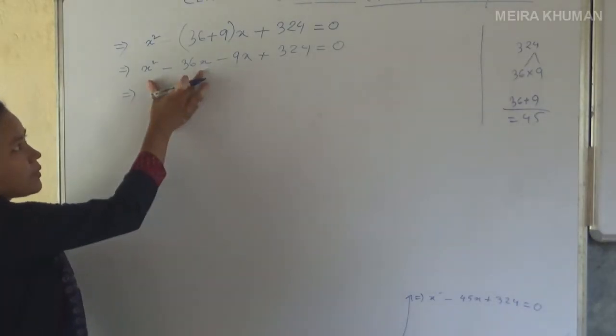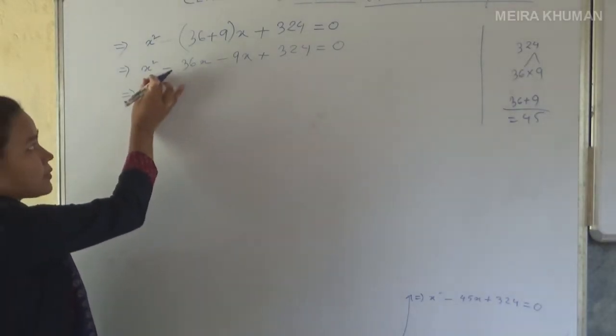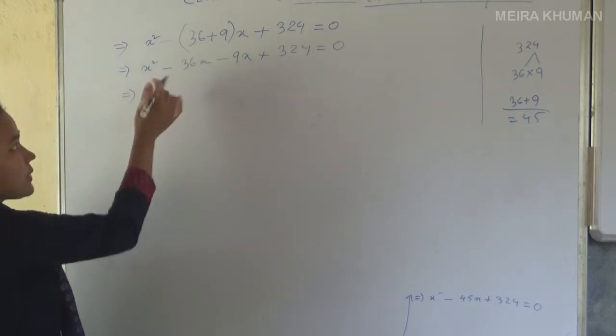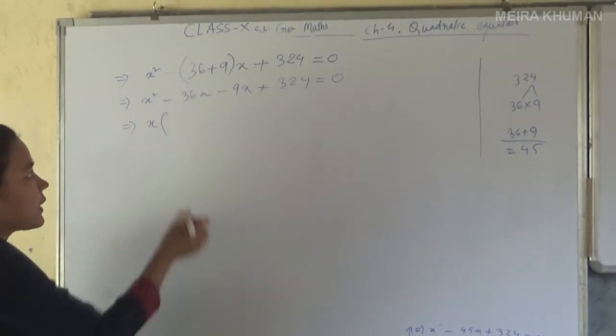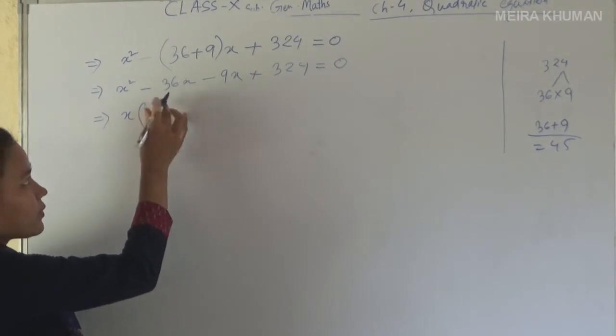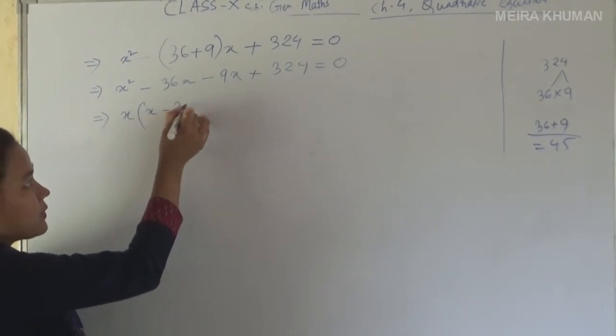Then you should take the common. What is the common here? x. Here is x square, here is 36x, so x is common. Inside the bracket, x minus 36.